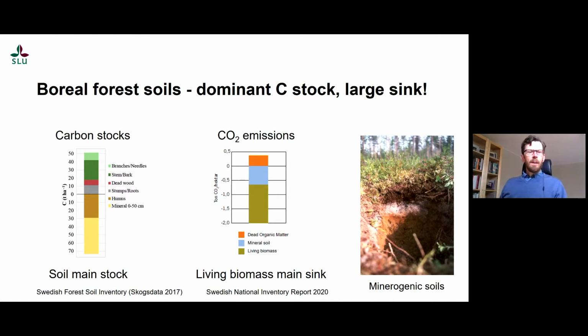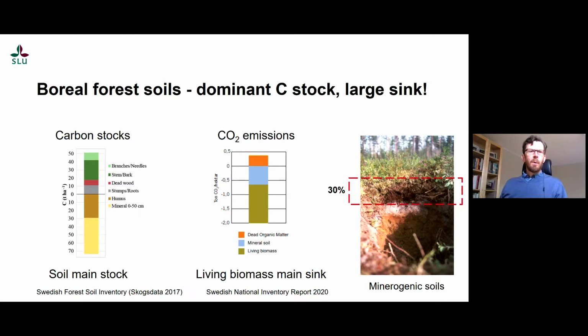But as you see to the left there, this is a picture you usually see, that this carbon stock in the soil exceeds that in the above ground compartments. And here it's only the carbon to 50 centimeters in the mineral soils as well, so it's really bigger. But when it comes to the sink or the balance, it is still the living biomass that is the most important part, and this is data from the Swedish National Inventory Report.